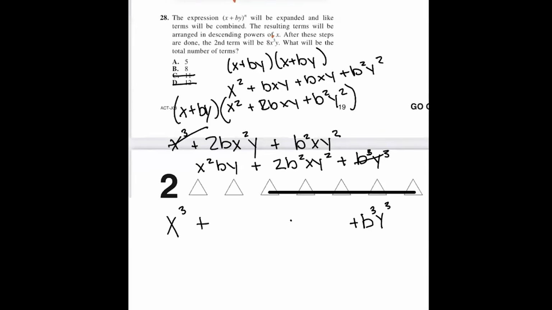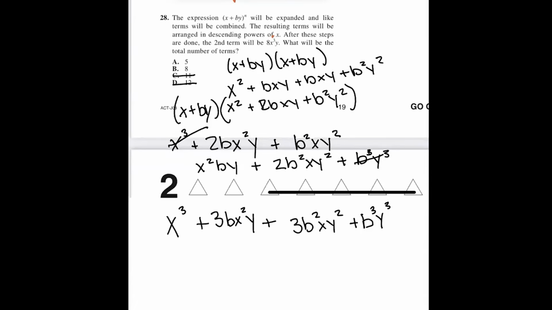So that's going to be 3b squared xy squared, and then that's going to be plus 3bx squared y. And like I said, these are just messy.